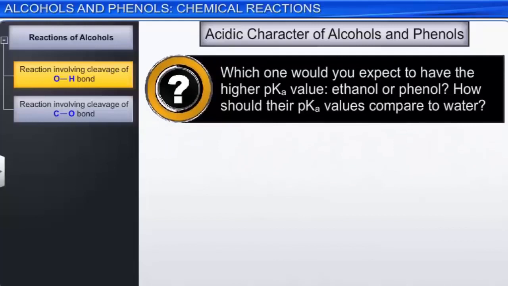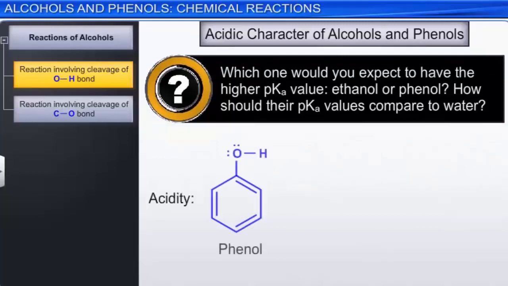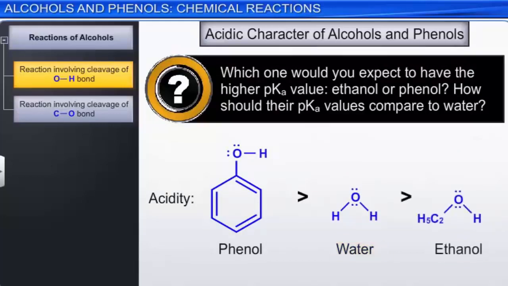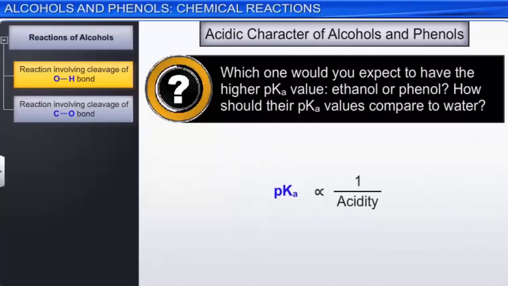You have learned that phenols are stronger acids than alcohols and water. You also know that water is a stronger acid than ethanol. Finally, you learned that stronger acids have lower pKa values than weaker acids.